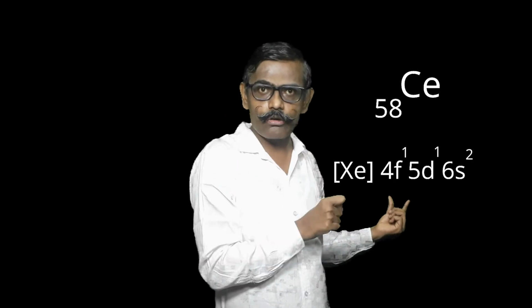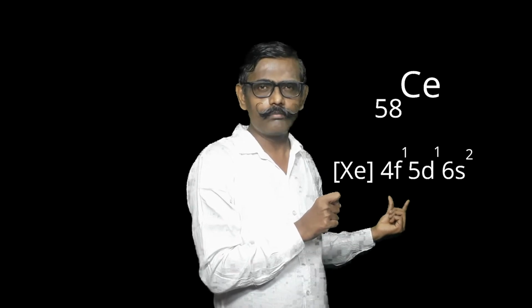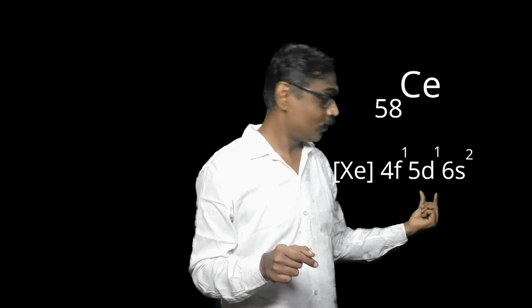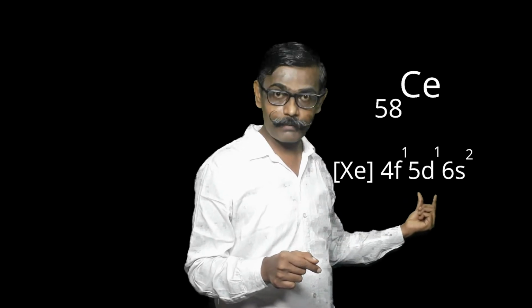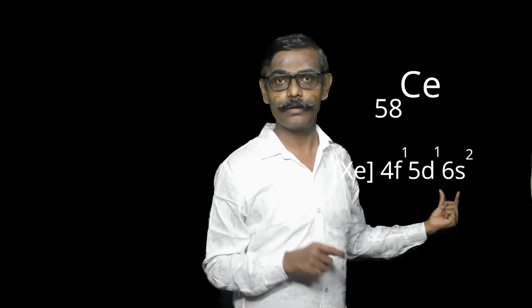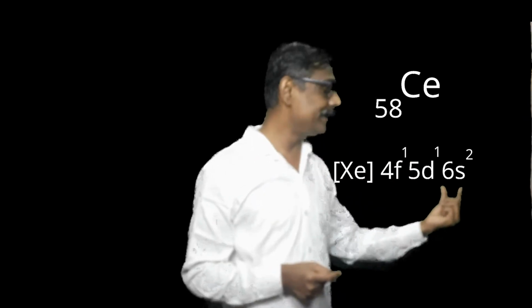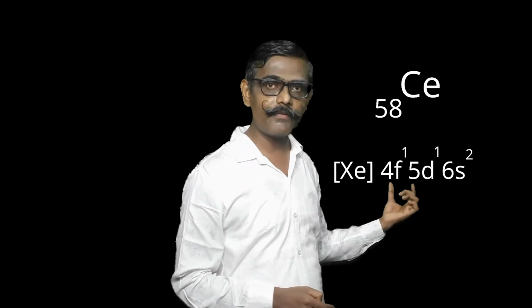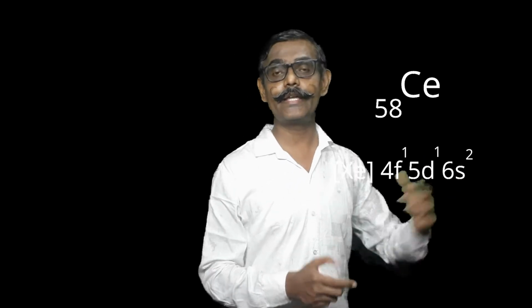And when the 56th electron has to come, it finds that the 4f orbital is not suitable; the 5d orbital is more suitable. The 57th electron finds no 4f orbital, no 5d orbital, the 6s orbital is suitable. Are you following what I am saying? Now the last electron, the 58th electron, finds the 6s orbital suitable. It is reality based. So the electronic configuration for cerium is xenon 4f1 5d1 6s2.